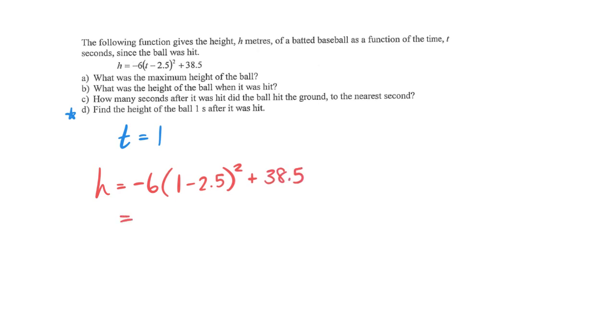Now my expression on the right side simply needs to follow BEDMAS. So I'm going to get my negative 1.5, and I'm going to have to square that first. So I'm not going to touch the negative 6. I take 1.5, square it, and that gives me 2.25.